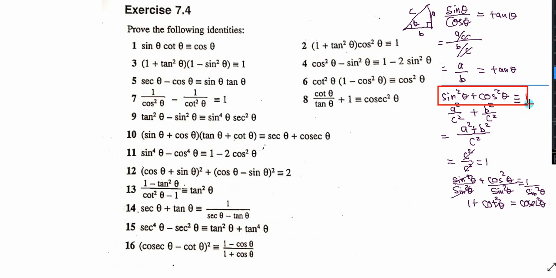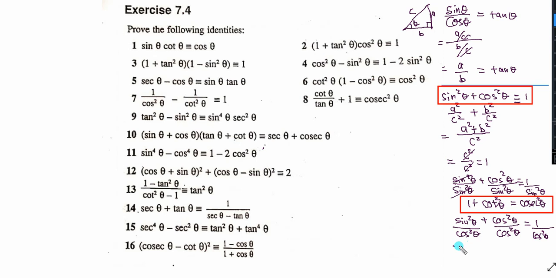This is the second one. Okay. Now let's go to the third one. The third one, basically, instead of dividing by sine square theta, you divide by cosine square theta. So I divide sine square theta, cosine square theta and 1 by cosine square theta.